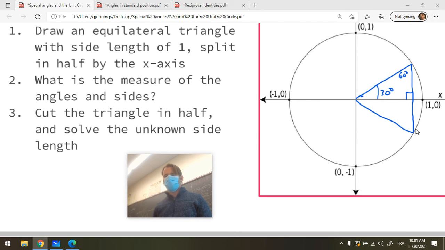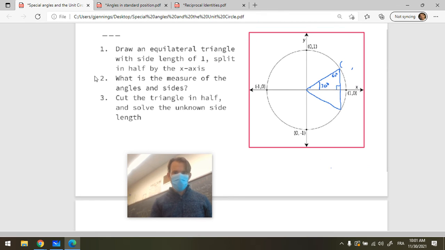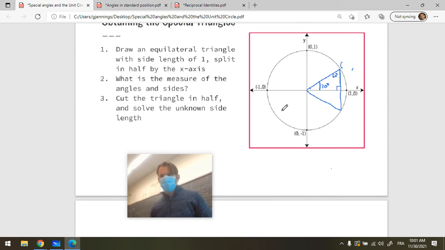If this one is 1, how long is this one? 1. So this is 1/2 in the y. It's 1/2 the height of its hypotenuse.